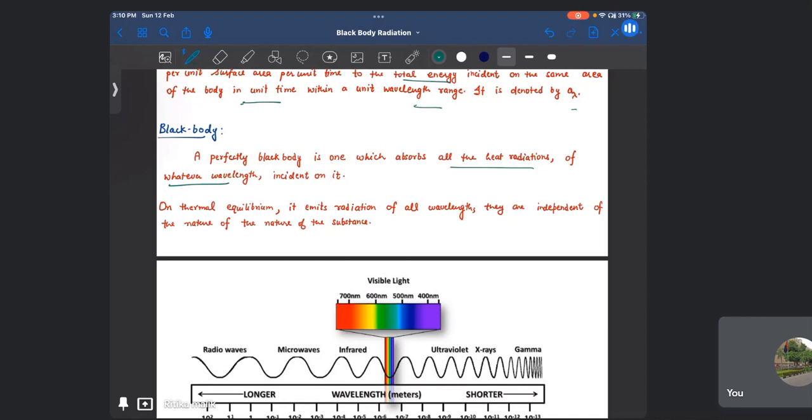If your black body is in thermal equilibrium with the outside temperature, then it will also start radiating at that wavelength, and this is independent of the nature of the substance. For example, if I have one body and another body, both at 300 Kelvin, if one is made of one metal and the other of another metal, but they are at the same temperature, then they will emit the same radiation. So the radiation is a function of temperature, independent of what kind of body it is.